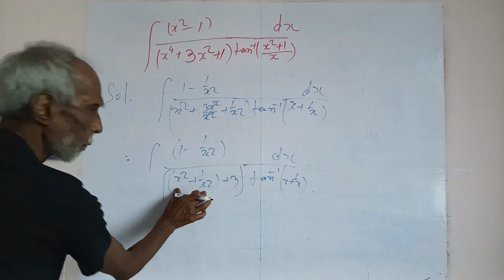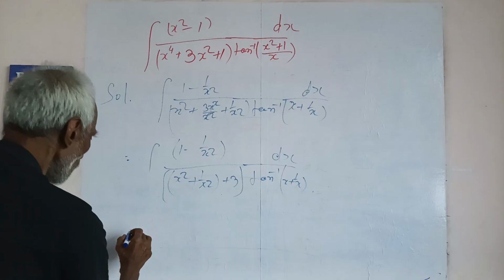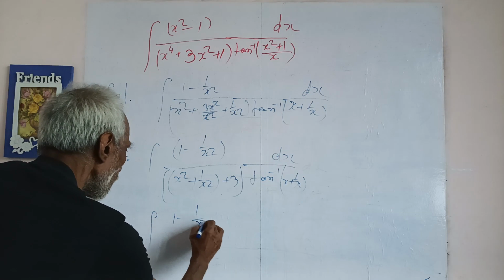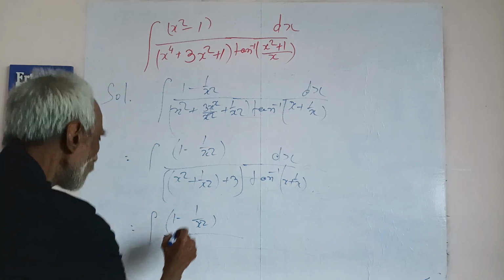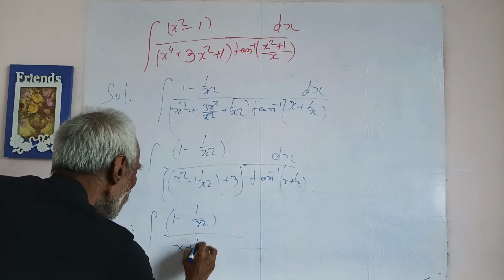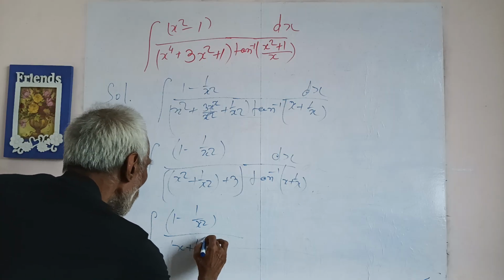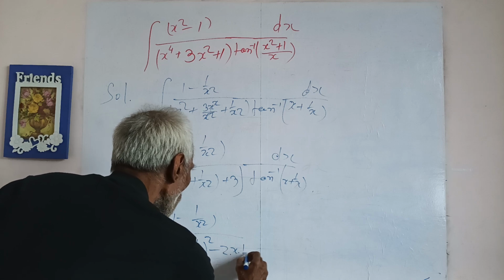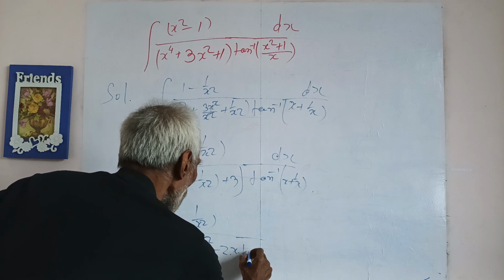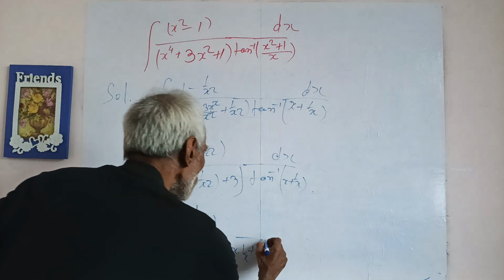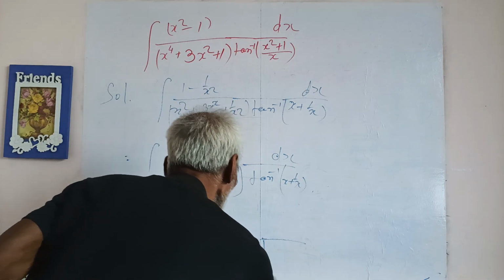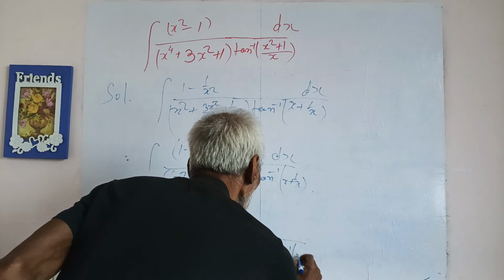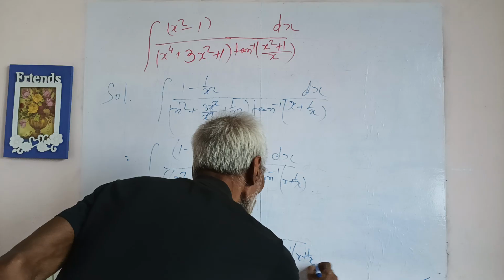Now use the formula here, a square plus b square as a plus b whole square minus 2ab, 2 into x into 1 by x, and plus 3. Tan inverse x plus 1 by x dx.